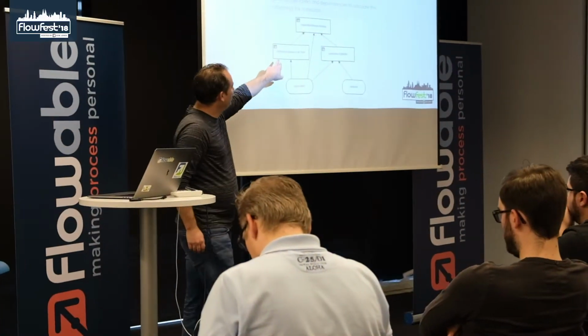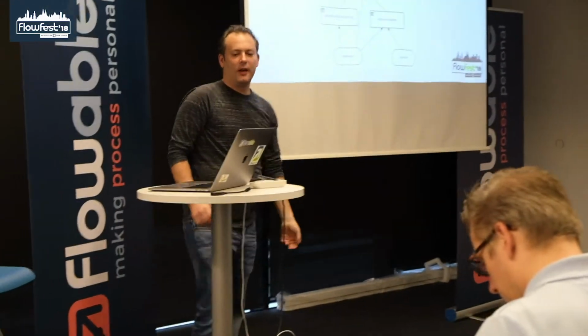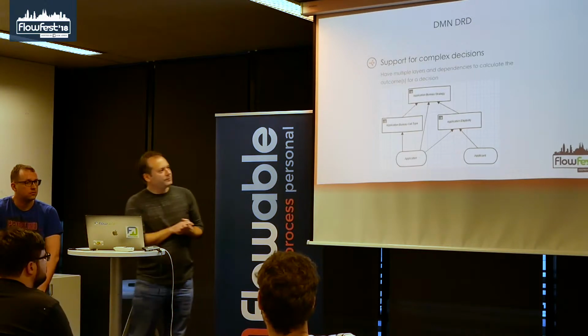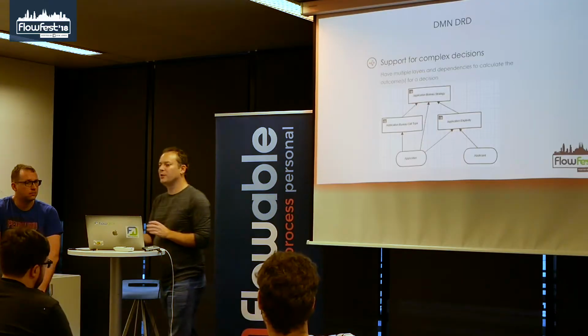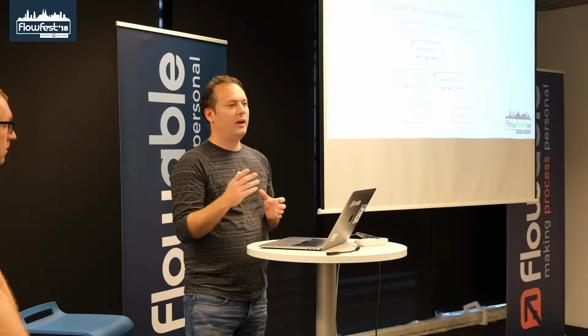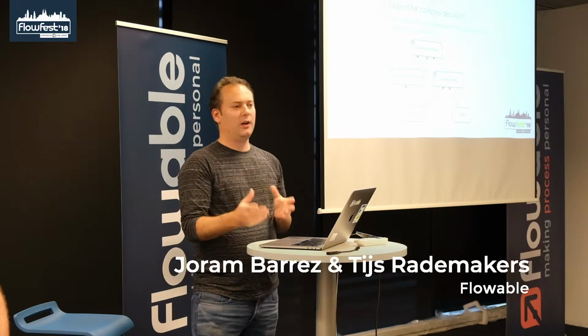And I first need to execute decision table 1 and 2 to calculate the outcome for decision table 3. There's also the option to use an expression or call a piece of Java logic, or do a piece of scripting logic as part of this. So it makes the whole DMN calculation a lot more advanced, basically.